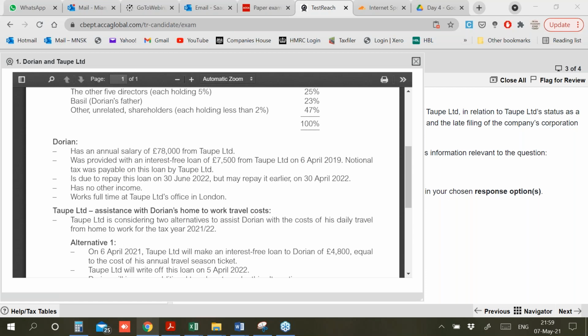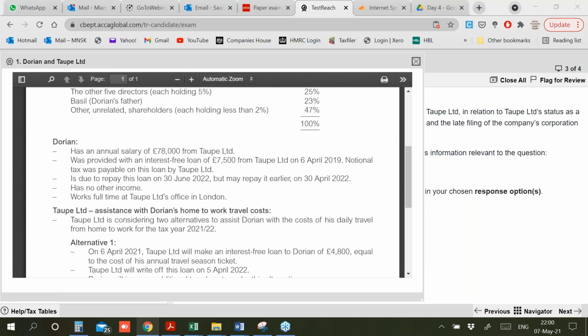However, even this notional tax can be avoided by the company if the director and shareholder has a shareholding of less than 5%, first condition, and the loan provided to him is less than £15,000. If these two conditions get fulfilled, the company does not have to submit notional tax to HMRC.